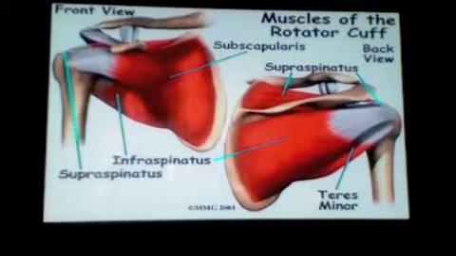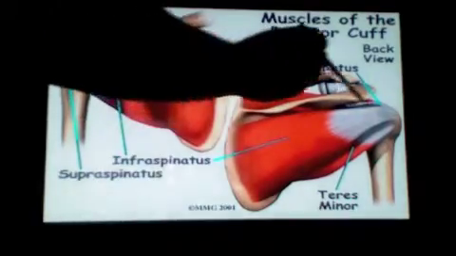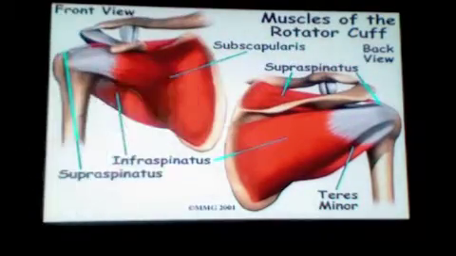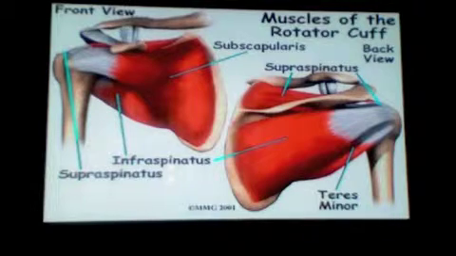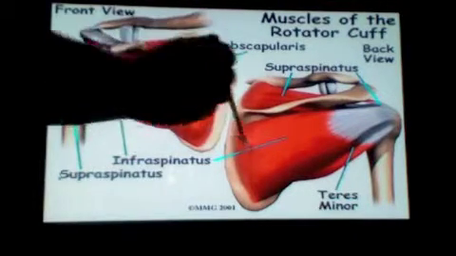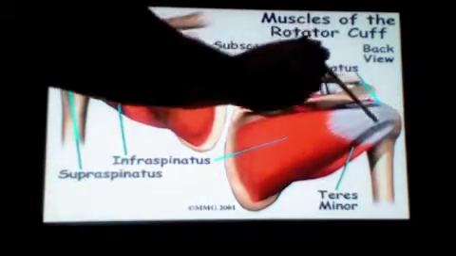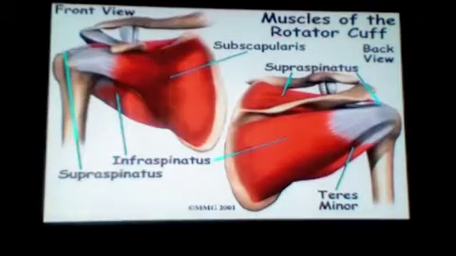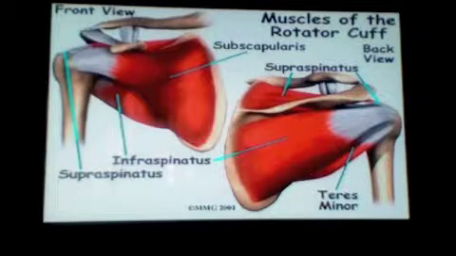A third muscle of the rotator cuff is the infraspinatus. The infraspinatus muscle is located inferior to the scapular spine. The muscle originates from the infraspinous fossa of the scapula and inserts onto the greater tubercle of the humerus. The infraspinatus laterally rotates the humerus.